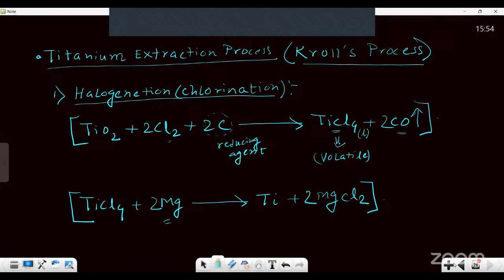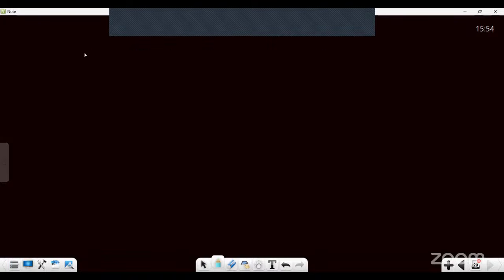Now let us take another example, which is the formation of volatile iodide.